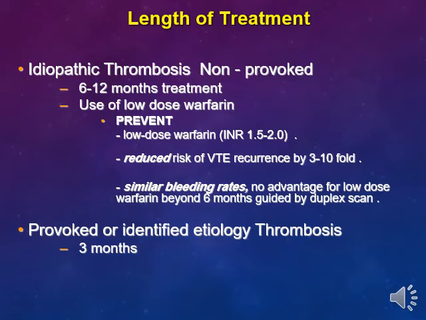For provoked DVT or identified etiology, like a patient after surgery or a hospitalized patient, we extend our treatment for 3 months after the beginning of therapy with oral anticoagulation, either vitamin K antagonist or new oral anticoagulant or direct oral anticoagulant, guided by duplex scan. For idiopathic or non-provoked DVT, the recommendation is 6 months of treatment, which may extend to 1 year to prevent recurrence of DVT.